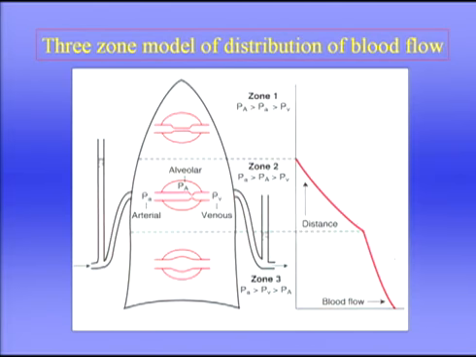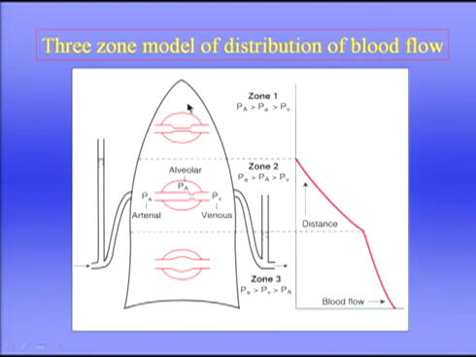And the symbols here: the alveolar pressure is a capital A, arterial pressure is a lowercase a, venous pressure is a lowercase v. And what you see from this is if you go up the lung far enough, this upright lung, you may reach a point where the pulmonary arterial pressure falls below alveolar pressure.